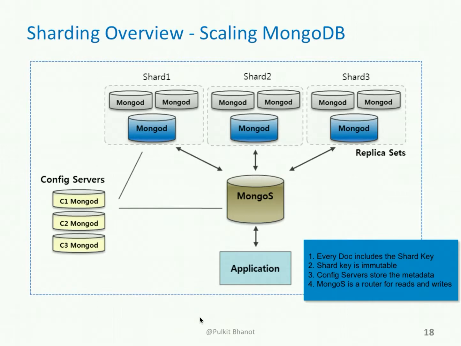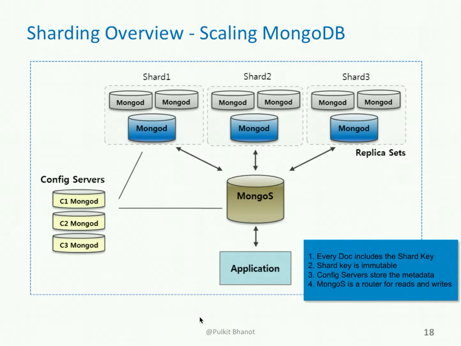One is the config servers. Config servers store the chunk metadata, that is, what information is stored in which shard. And then there is also a router component, MongoS, which interacts with the config servers and the shards.